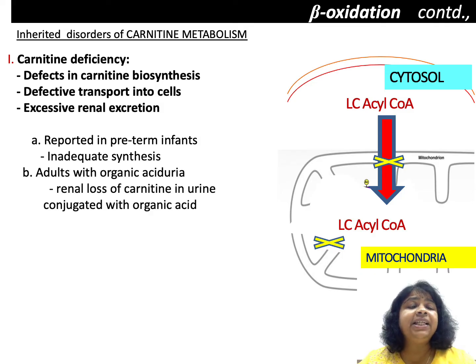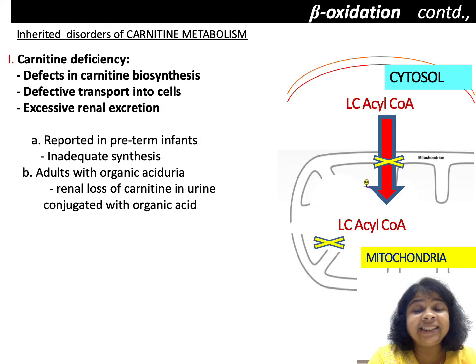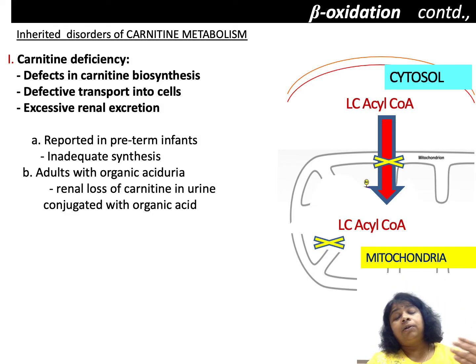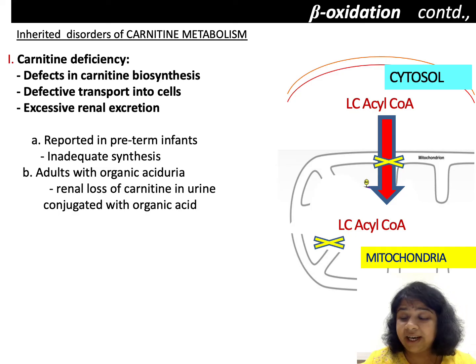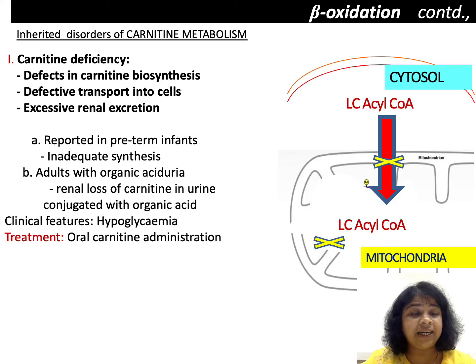This has been seen in preterm infants, sometimes in adults with organic acidurias. To neutralize this acid, carnitine binds with these organic acids and is excreted as a salt of these organic acids. So there will be more excretion of carnitine.